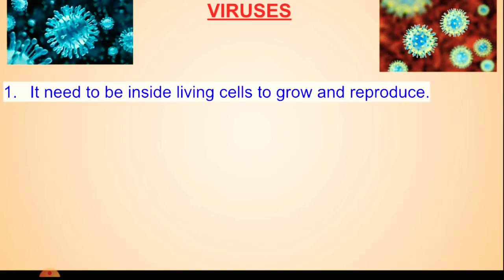Once the virus enters the body, it starts reproducing, 2 to 4, 4 to 8, 8 to 16, and so on. But once the virus is outside the body, it can't reproduce, it will die after some time.